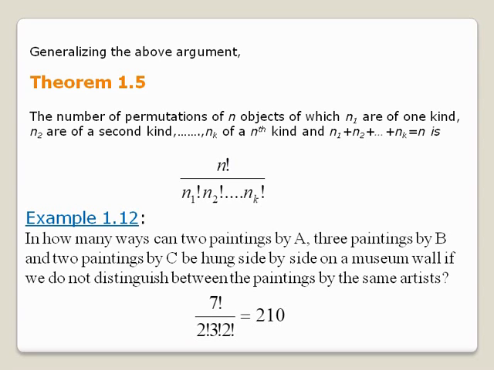The answer will be 7 factorial divided by 2 factorial times 3 factorial times 2 factorial, because there are a total of 7 paintings. There are 2 repeating paintings by A, 3 paintings by B, and another 2 paintings by C. Therefore, the total number will be 210.